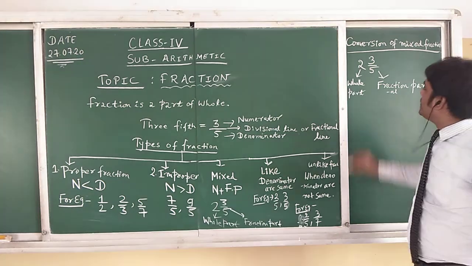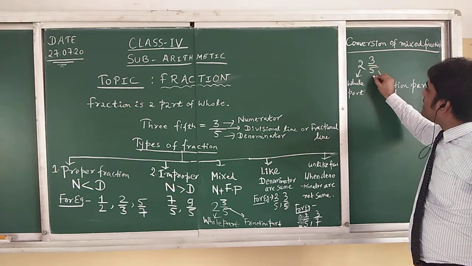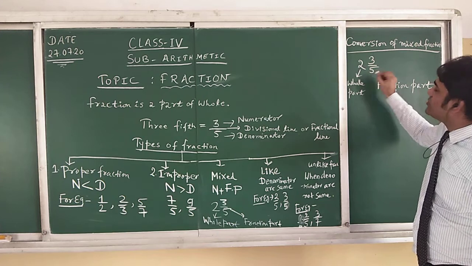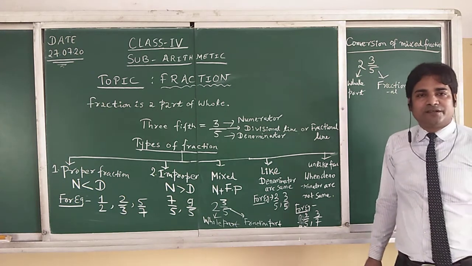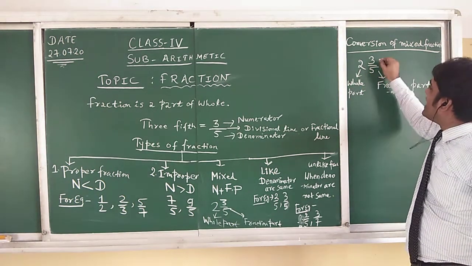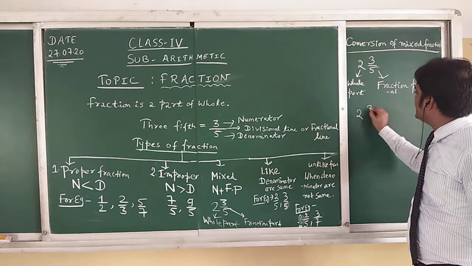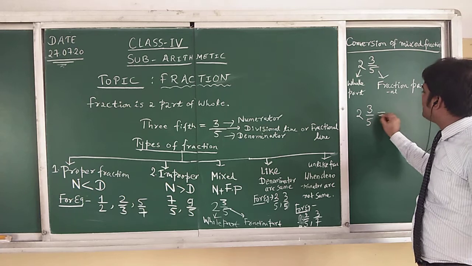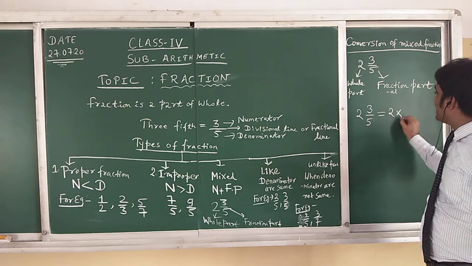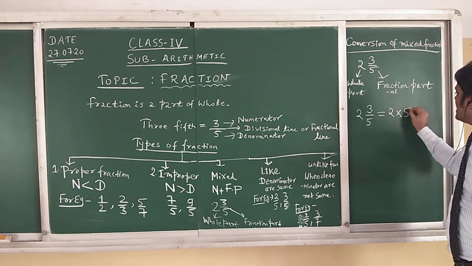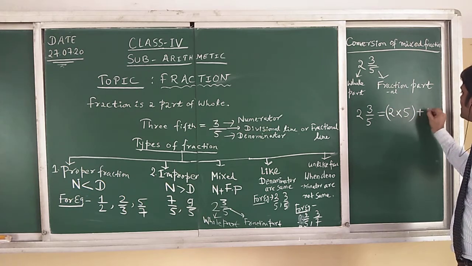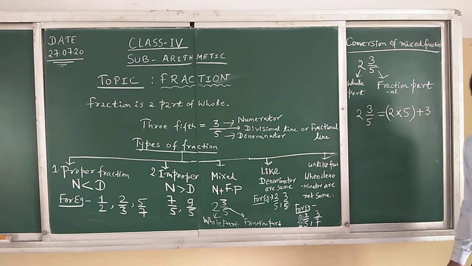We multiply this whole part by the denominator, and then we add the numerator. So here we multiply 2 by this denominator and then we add the numerator value.